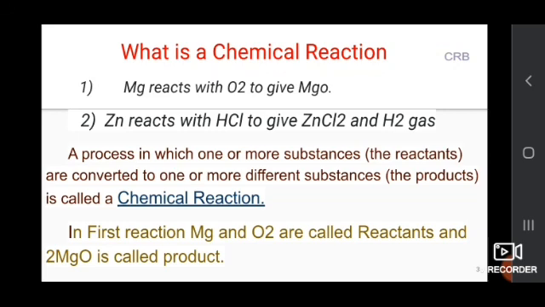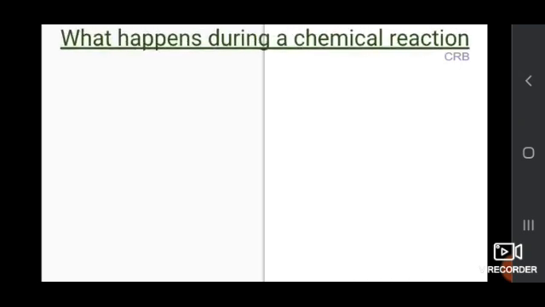What is a chemical reaction? Mg reacts with oxygen to give MgO. So it is a chemical reaction.